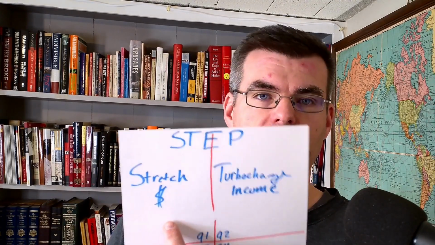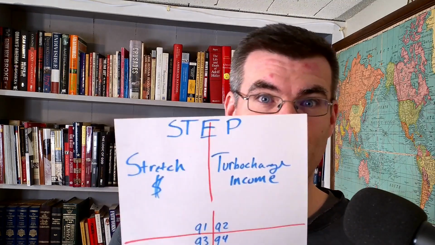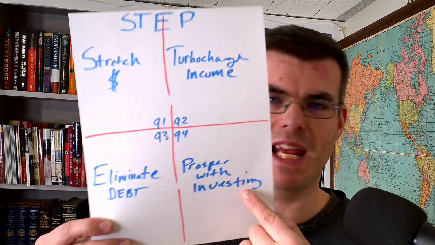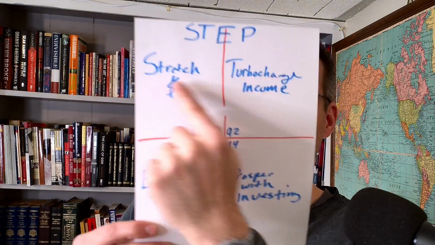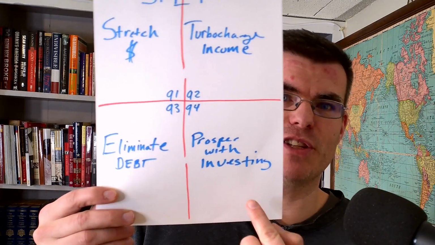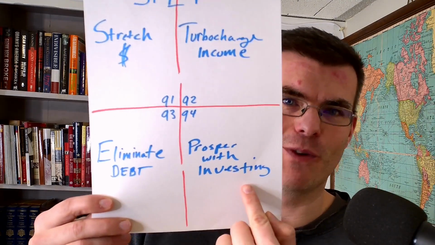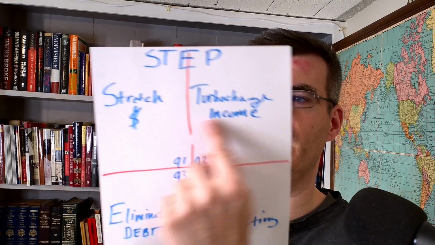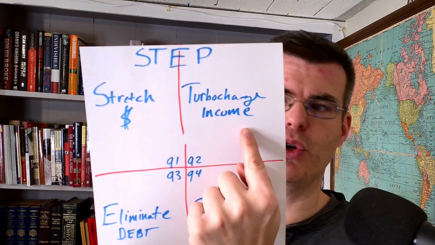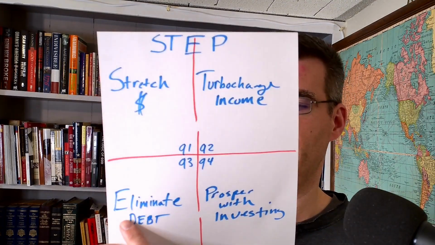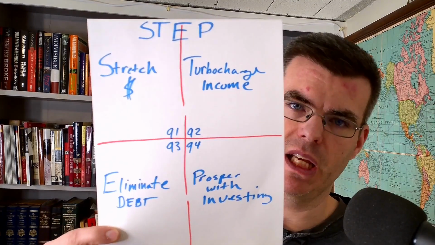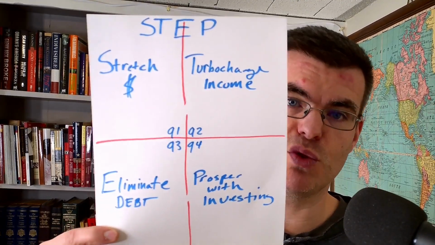But step 1, day 1, day 2, day 3, and maybe weeks or months later, day 4. But these three right here, stretching your income, turbocharging your income, and then eliminating debt, are very, very important first steps. This is where you make the most benefit.